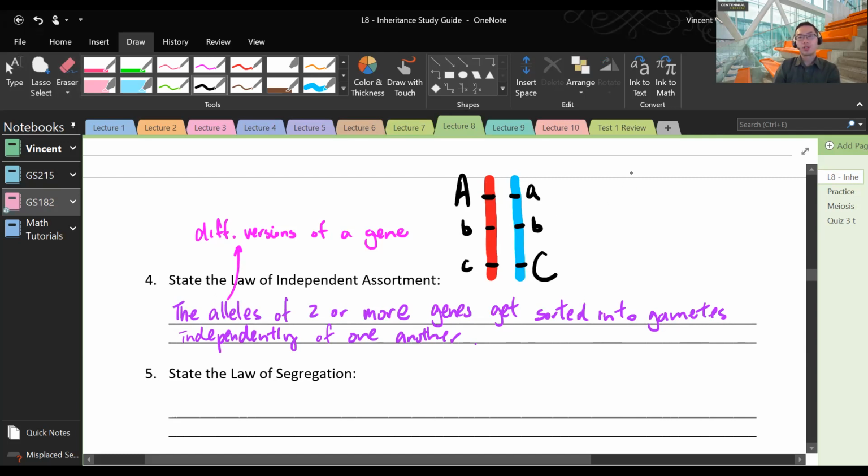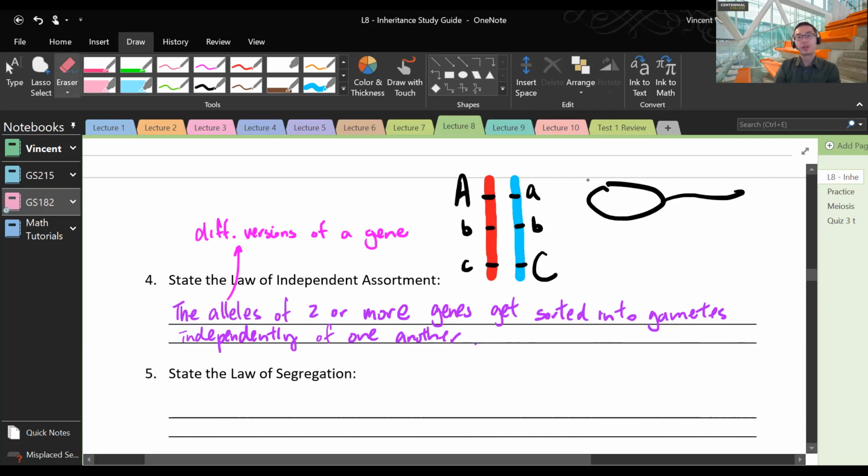For this individual, let's say this is a male. When this guy undergoes meiosis and creates sperm, because of crossing over during meiosis 1, this genetic material might get swapped. So in the end, what are the possible combinations?